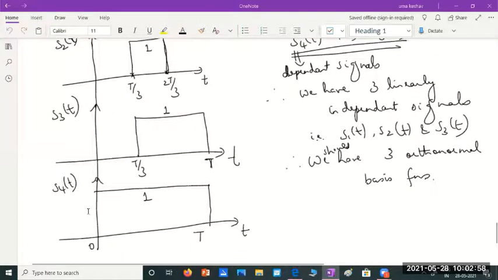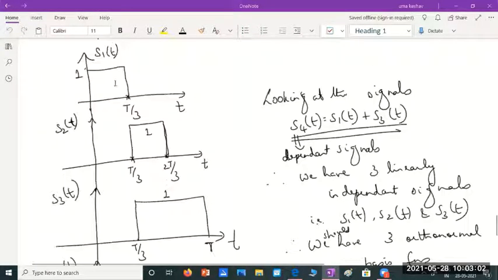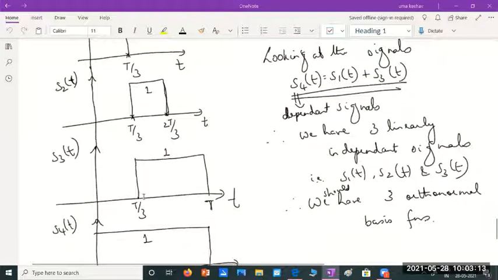So S4 of t is a dependent signal, but the remaining 3 signals cannot be formed from one another or by adding one another. So S1, S2, S3 turn out to be independent signals. Since we have 3 linearly independent signals, we conclude that we should have 3 orthonormal basis functions here.